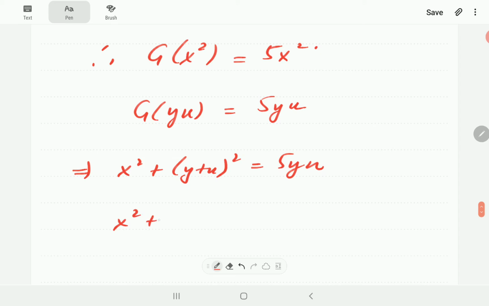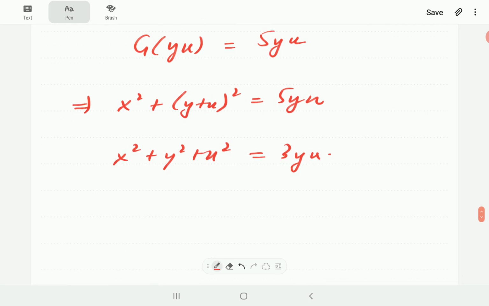It's going to be x squared plus y squared plus u squared is equal to 3yu. It's going to be 2yu this side. If we take it to the other side, then this one is going to be 3yu.